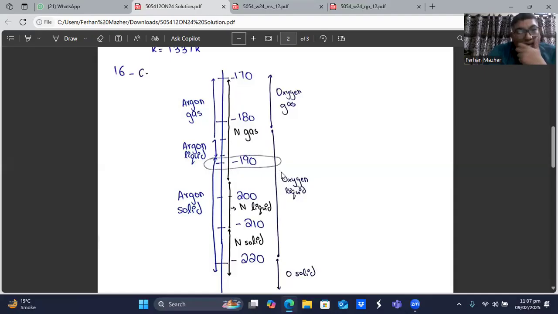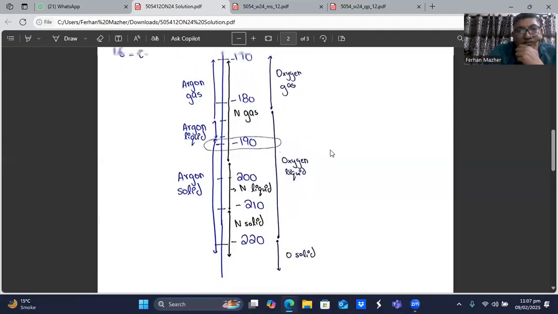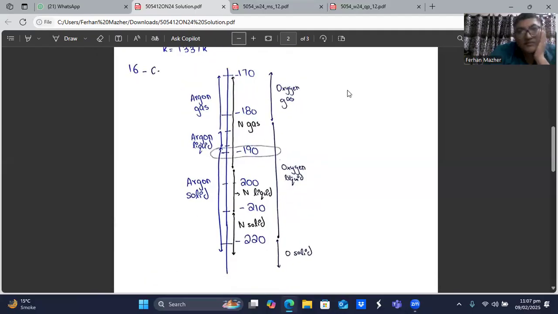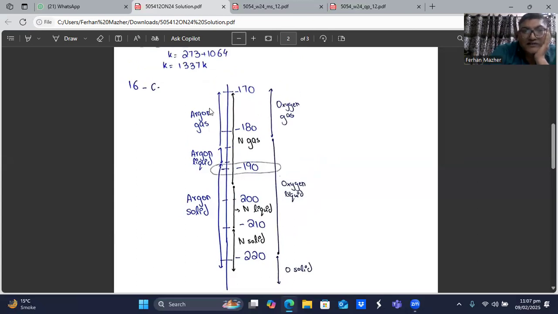So we are looking basically for that temperature in which the three of them are in different states. So this small portion here, argon here is solid, nitrogen is in gas, oxygen is in liquid.